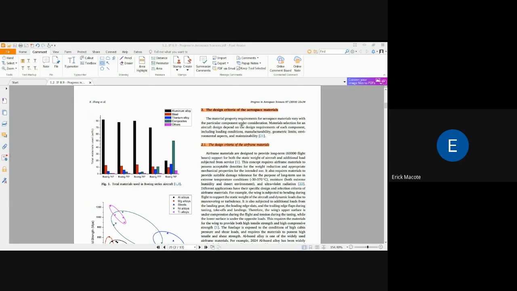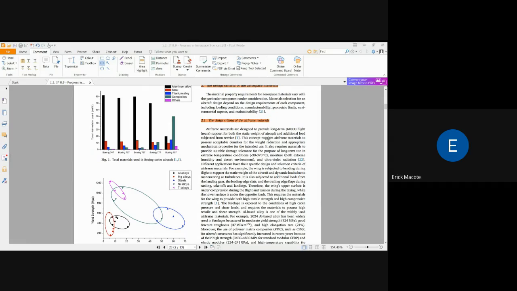Regarding the design criteria of the aerospace materials, it depends on the design requirements of each component, including loading condition, geometric limits, environment aspect, and maintainability. About the design criteria of the airframe materials, they should be designed to provide long-term support for both the static weight of the aircraft and additional loads subjected from service.